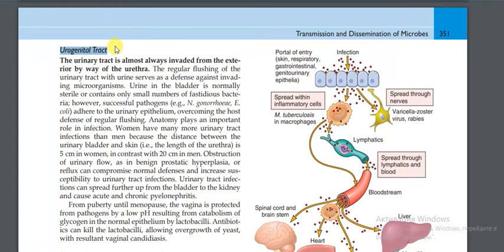Urinary tract infections also cause genital tract infection, and genital tract infection causes urinary tract infections, so that makes them very challenging to treat.